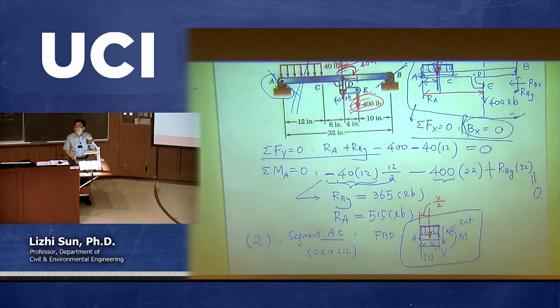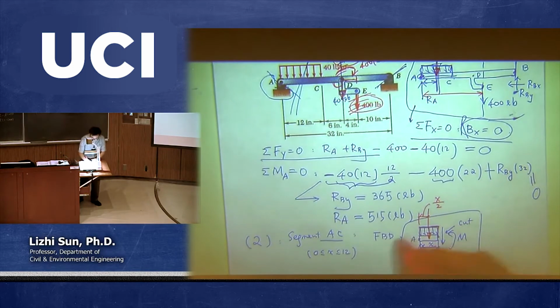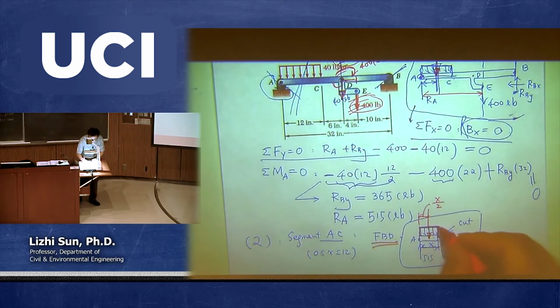Any questions? Okay, so again, after you plot your free body diagram, you can make the equivalence between the uniformly distributed load and the virtual concentrated load. You may say, why do I need to do that? Well, all the Newton's equations are based on concentrated load.